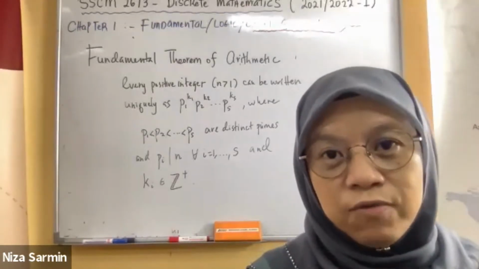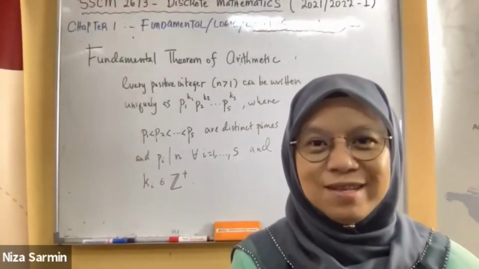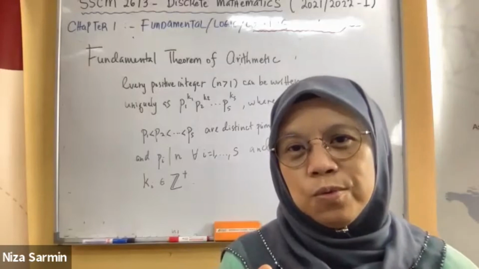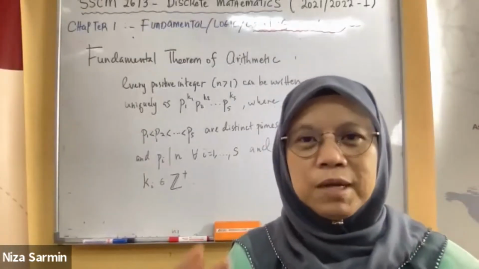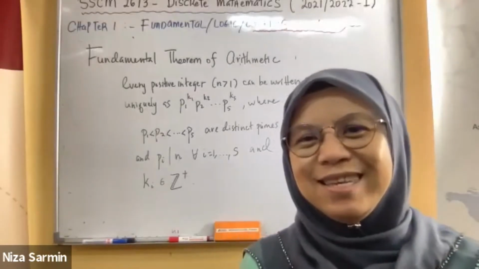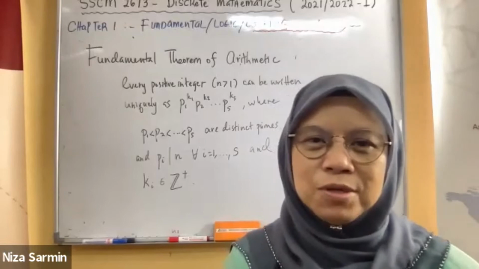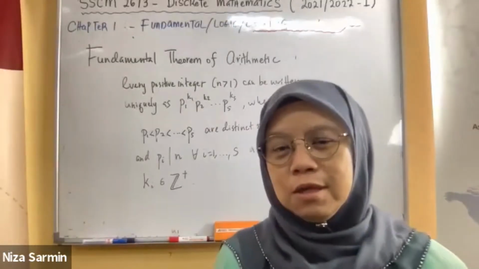Because the divisors of 1 is 1, which is itself. So the answer to that is not because my teacher said prime numbers start with 2. Okay, don't blame the teacher. It's actually because of this fundamental theorem of arithmetic. Why? Let me tell you why.